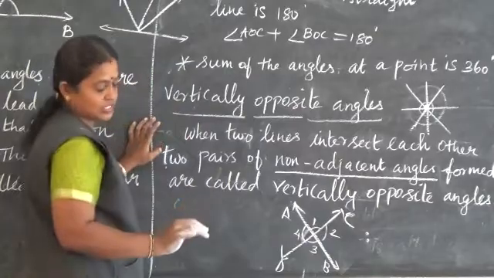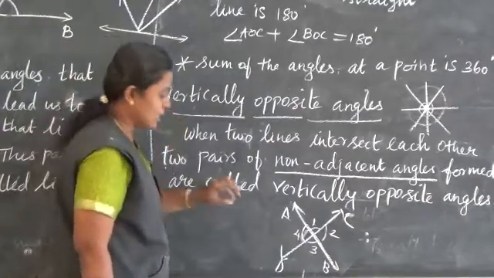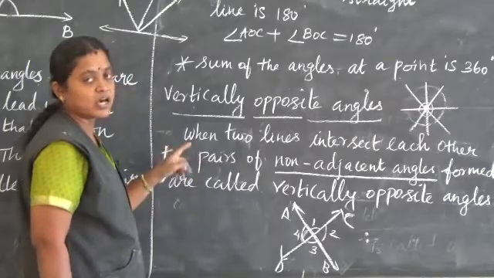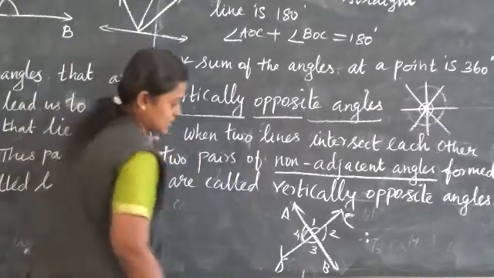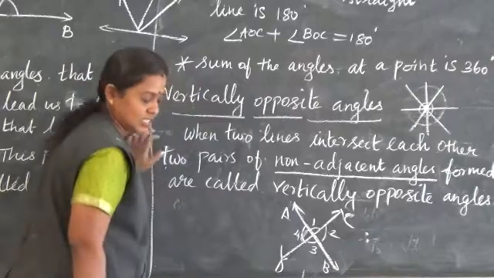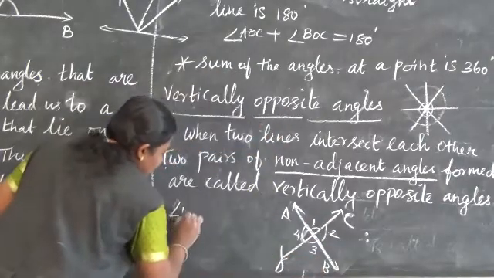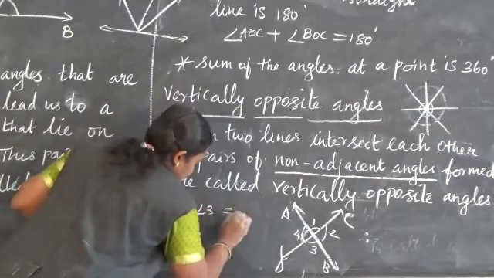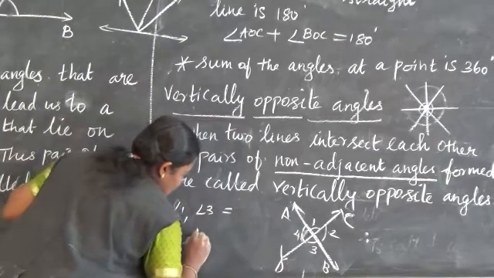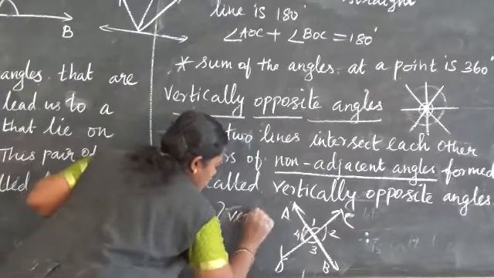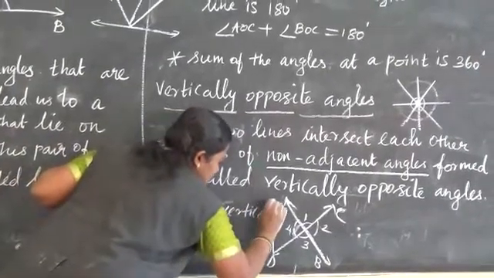You can say only these pairs are vertically opposite angles because they are non-adjacent: 2 and 4, and 1 and 3. This pair is vertically opposite angles.